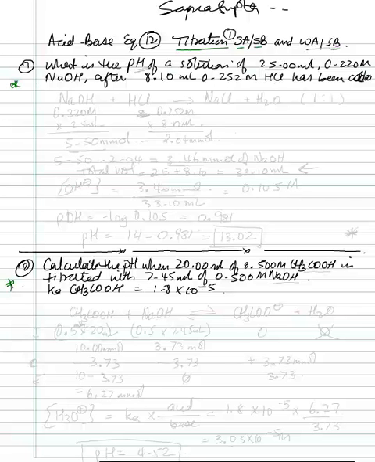The first one: what is the pH of a solution that is 25 milliliters, 0.220 molar NaOH after 8.10 milliliters of 0.252 molar HCl has been added to this? Okay, so which means that we have sodium hydroxide plus hydrochloric acid to give us sodium chloride and water.